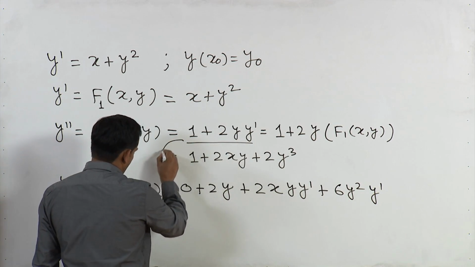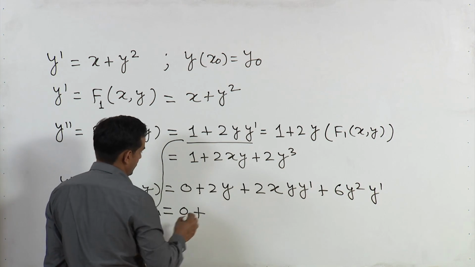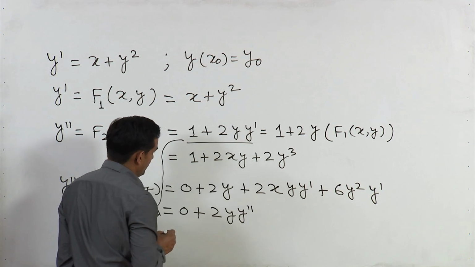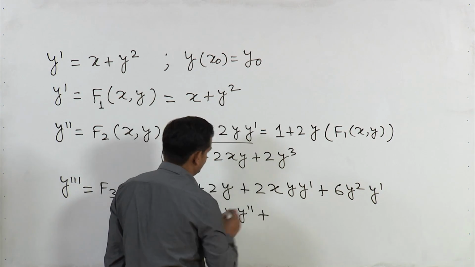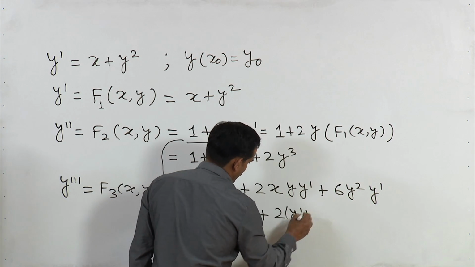So, if I am coming from here, it will be 0 plus 2 times y into y double prime plus 2 y prime whole square.